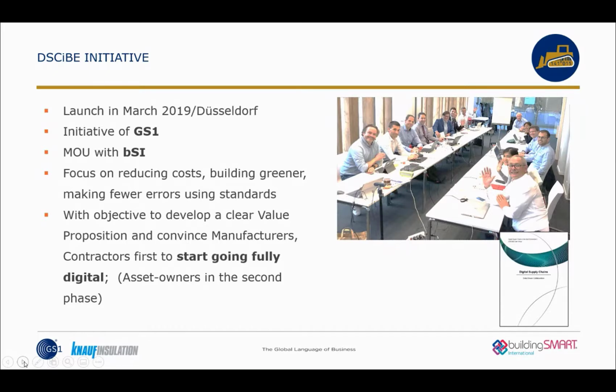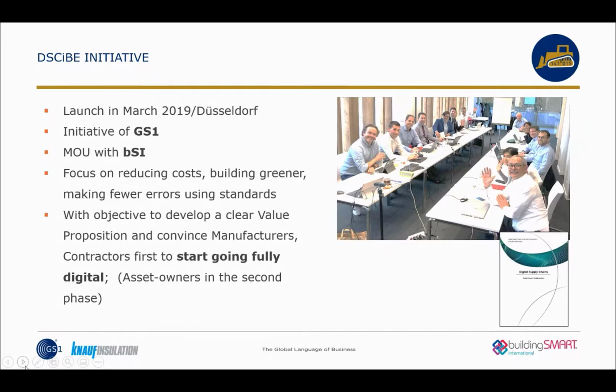So there is already collaboration working. Our group, about 180 people, is focusing on reducing the cost of building greener. Every action must be focused on using standards. And the idea is really to develop a clear value proposition for manufacturers and contractors to start going fully digital. And this is our goal.